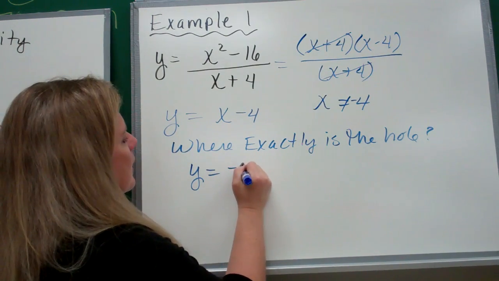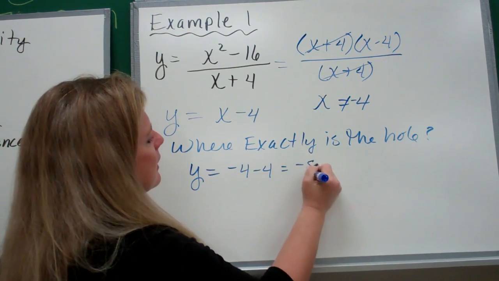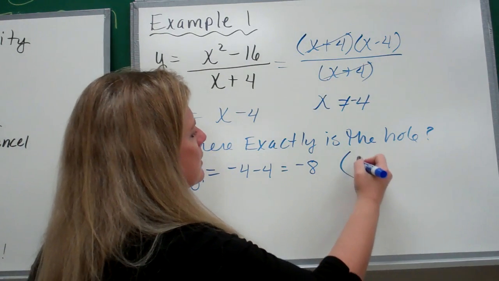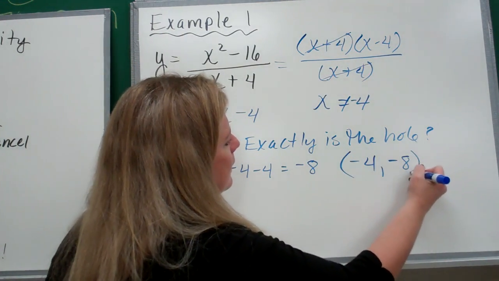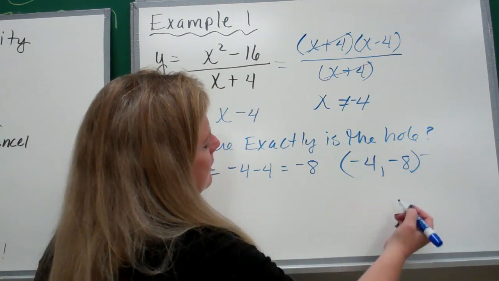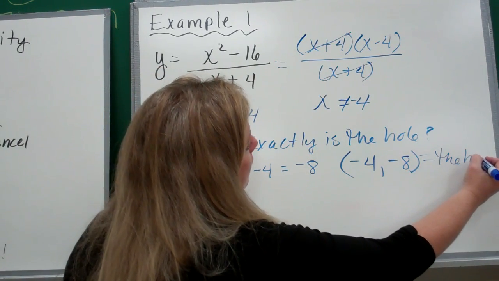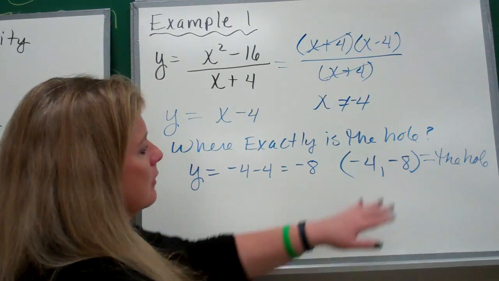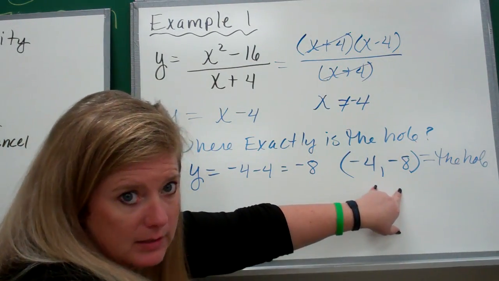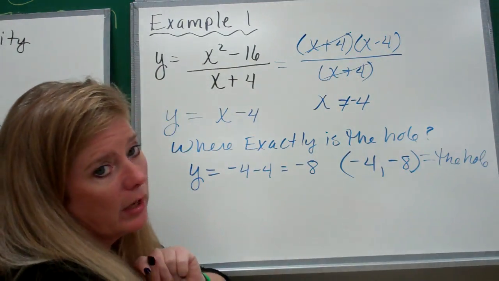So y equals negative 4 minus 4 equals negative 8. So the point negative 4, negative 8 does not exist in this graph. That's the hole.